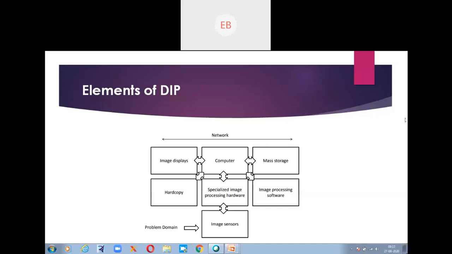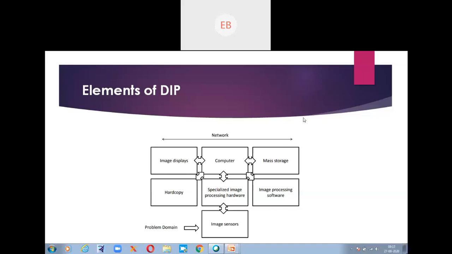That is sensor. And digitizer is the device which is used for converting the output of the physical sensing device into some digital form. So we had two elements required to acquire digital images, one is sensor and the other is digitizer.